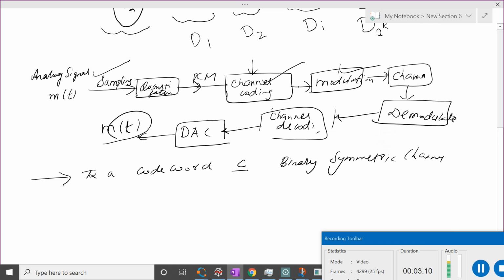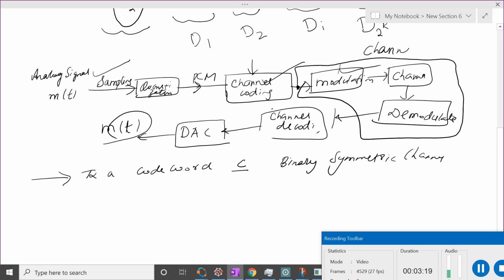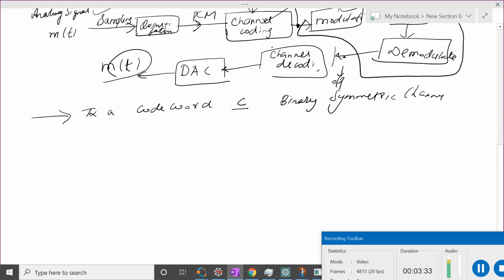We are considering this as the input point, and this whole modulator, channel and demodulator now becomes our channel. So when we take this as the input point and this as the output point, the waveforms don't enter into the picture. We are dealing with binary numbers. Anyways, we have transmitted this.